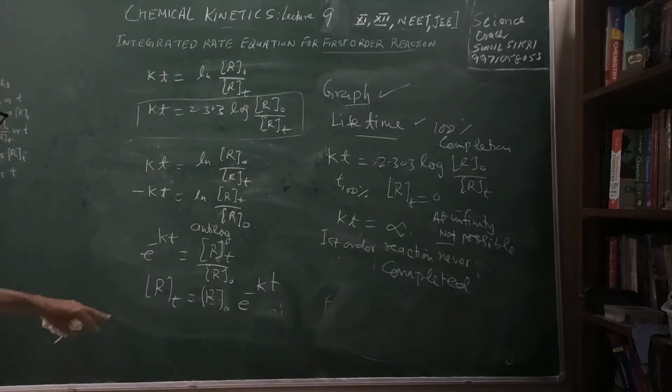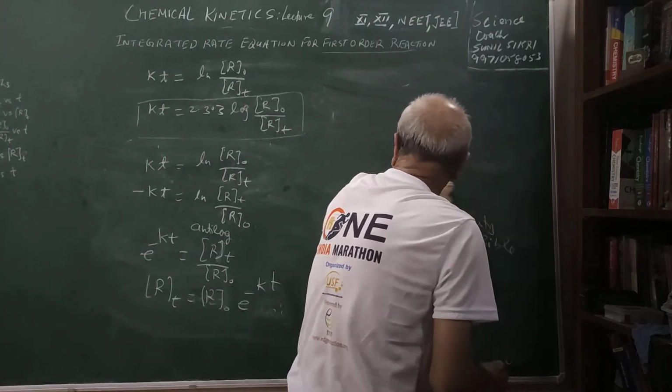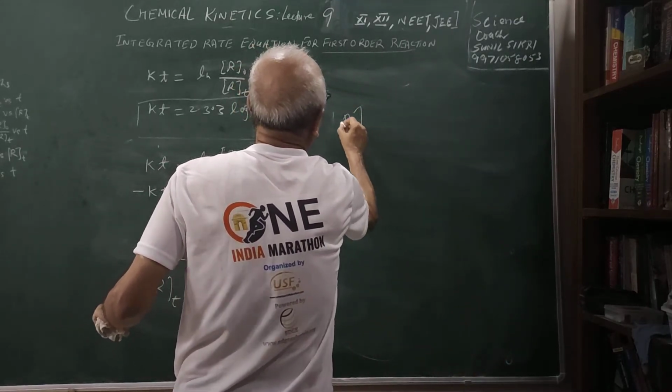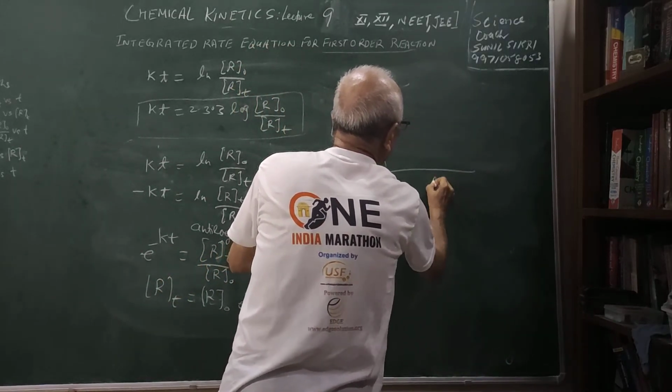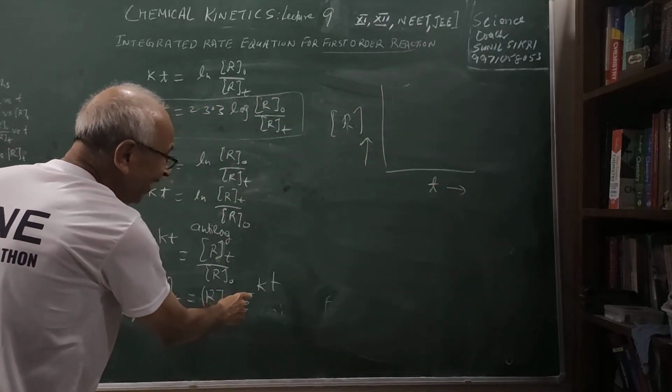This shows that if I make a graph of R versus time, the concentration of R decreases exponentially.